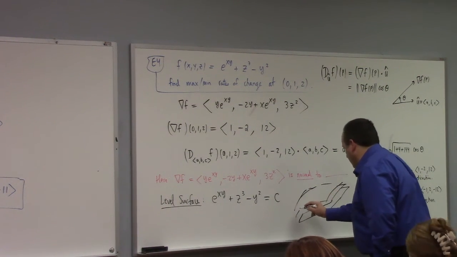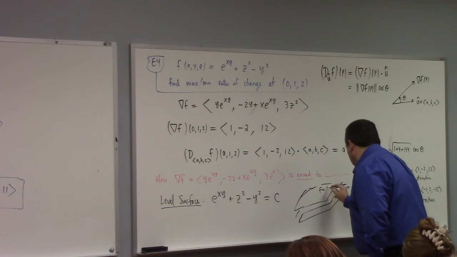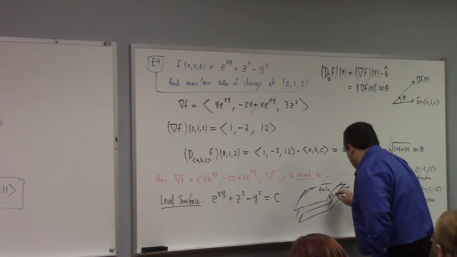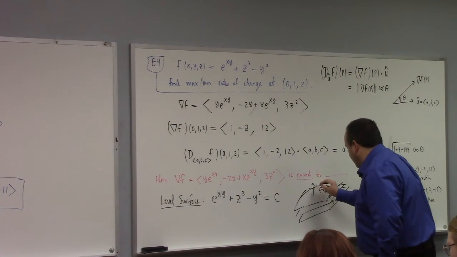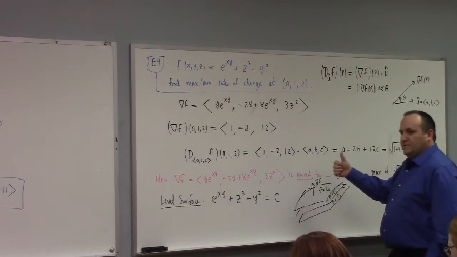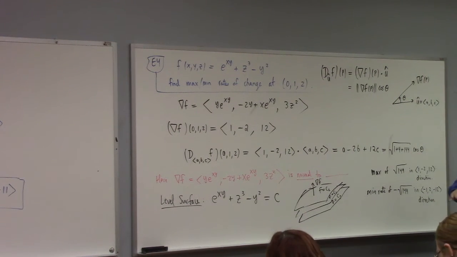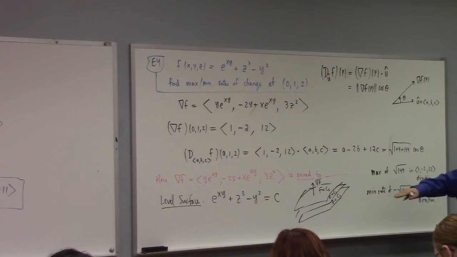There's f equals C2, f equals C1, f equals C0, and the gradient of f is normal to these sheets at the point, and as you go in the normal direction, you're going up to the higher level surfaces.